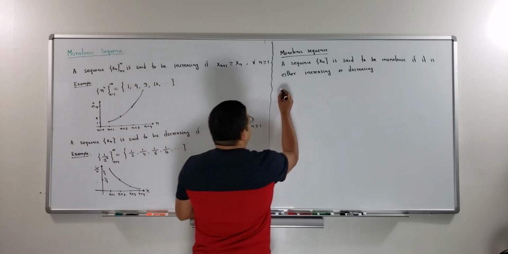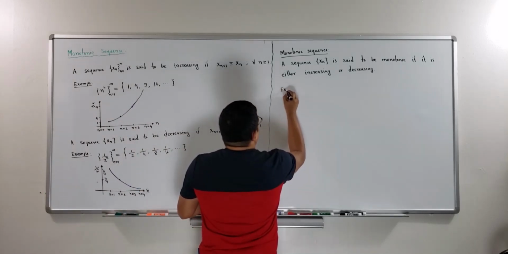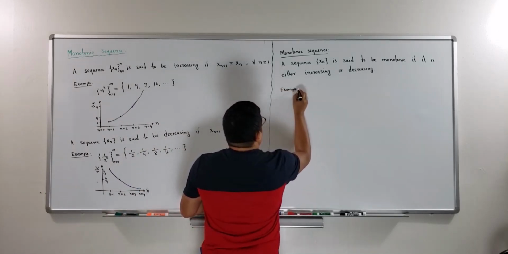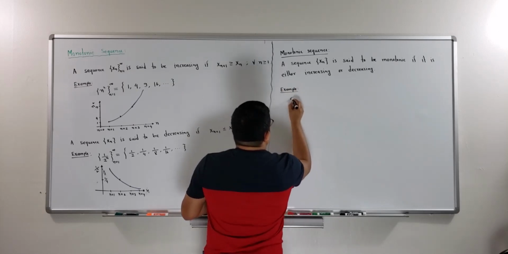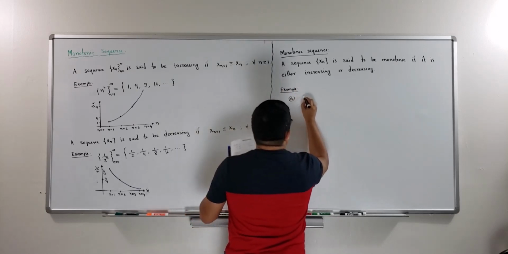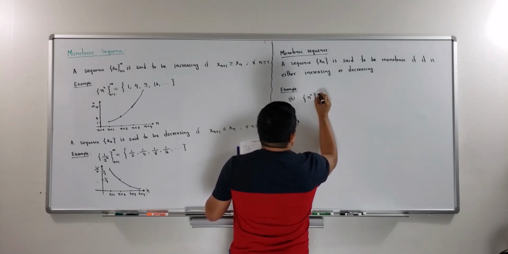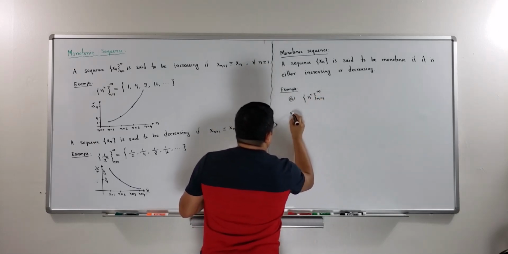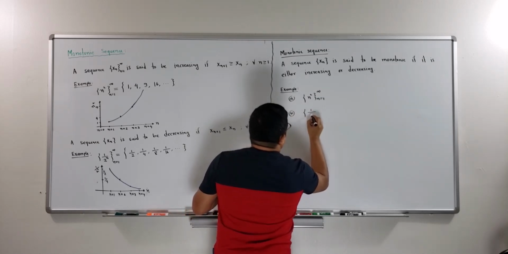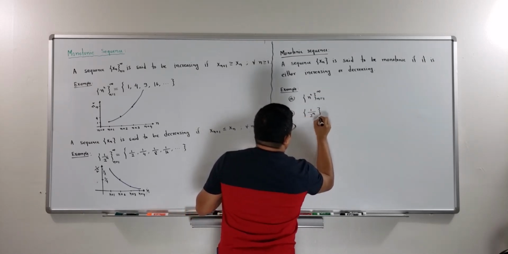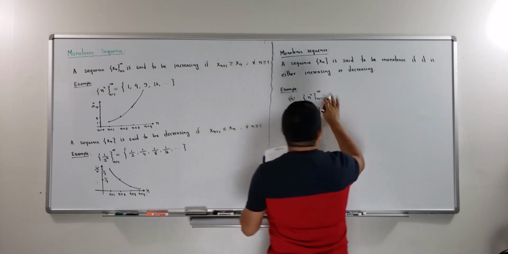For example, n square, n equals 1 to infinity, is monotonic. 1 over 2 to the power n is monotonic.